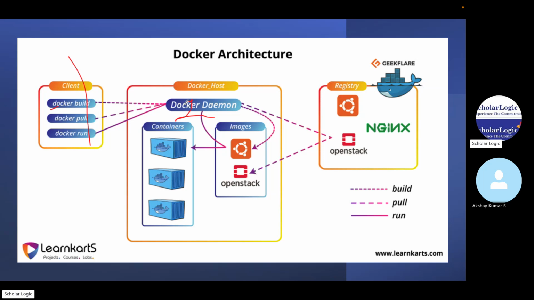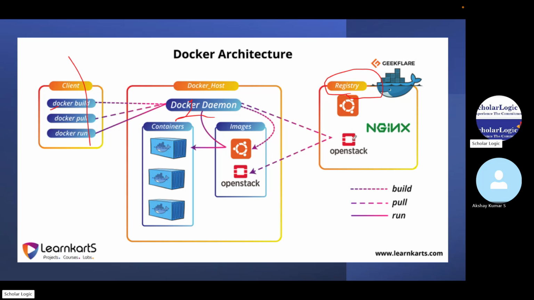And Docker Hub, on the right hand side, the Docker registry, is to store and retrieve images at runtime. Some examples are Nginx, OpenStack, HTTPD service. What is OpenStack?